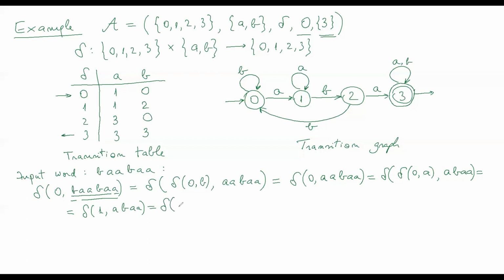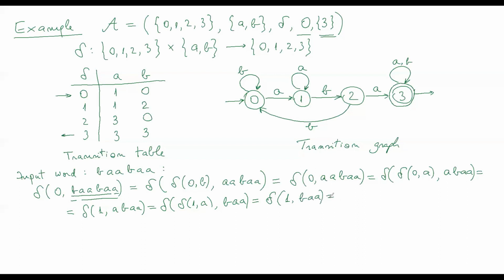And that's the same as doing one single step from 1 with letter A. That's the first one here. And then from whichever state I land in, I do a computation on the remaining of this word. And delta of 1 and A is 1, so that's going to be delta of 1 and BAA.